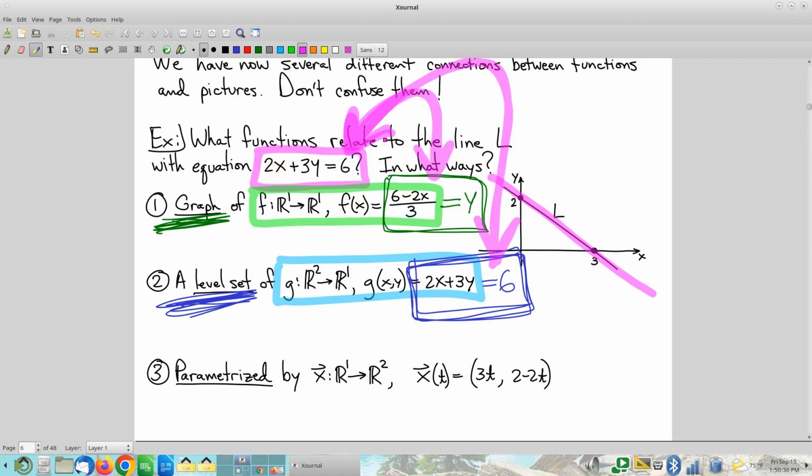Okay. Last comment, and we'll do this eventually also. This function here relates to this picture as well, but in a third way. This is a parameterization of our curve.